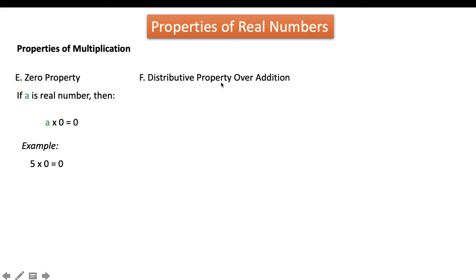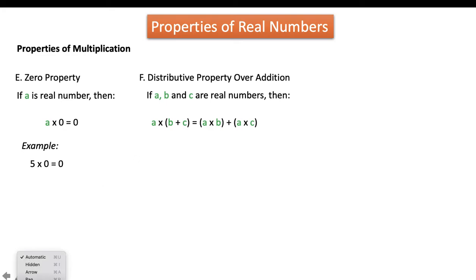Multiplication has the distributive property of multiplication over addition. If a, b, and c are real numbers, then this is how it looks. If a is multiplied to quantity b plus c, that is just the same as quantity a times b plus quantity a times c.